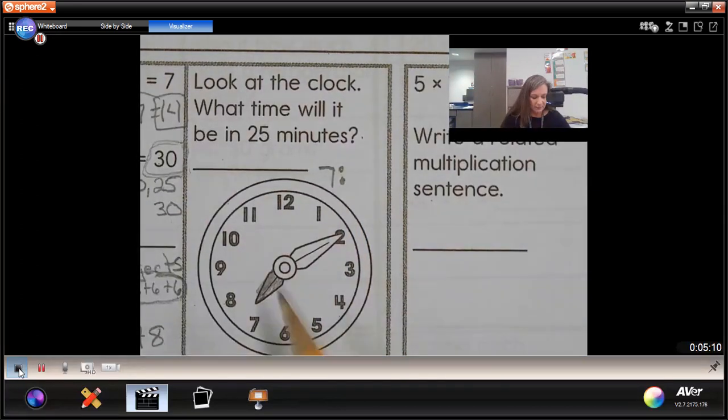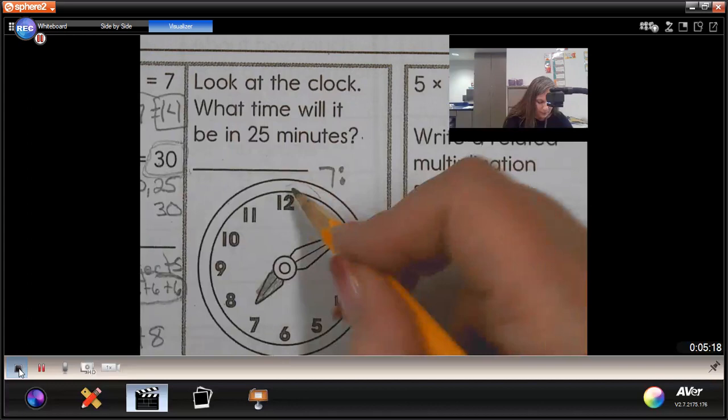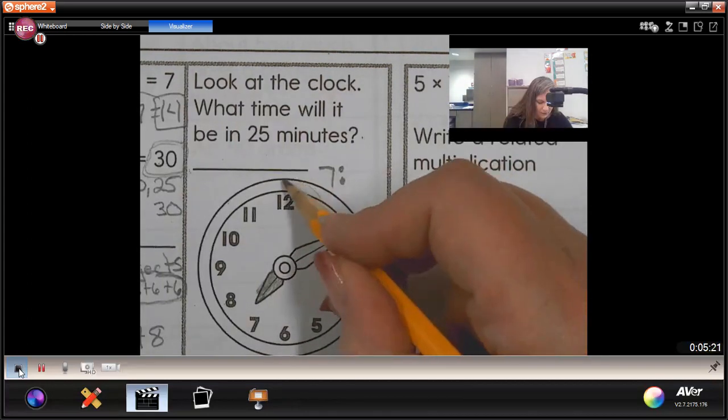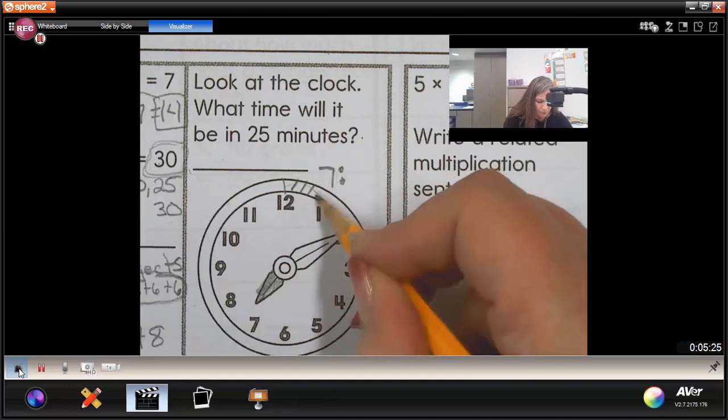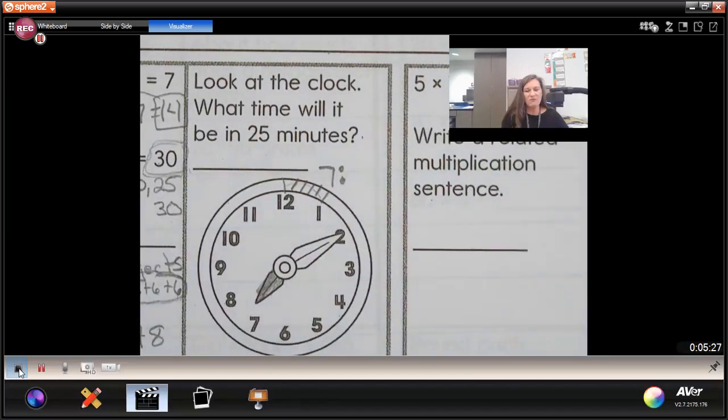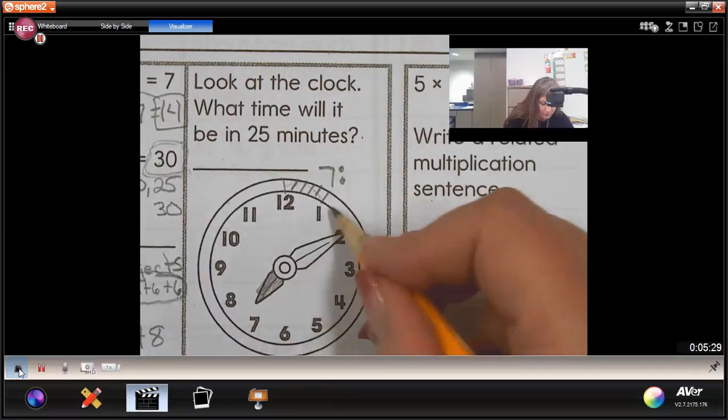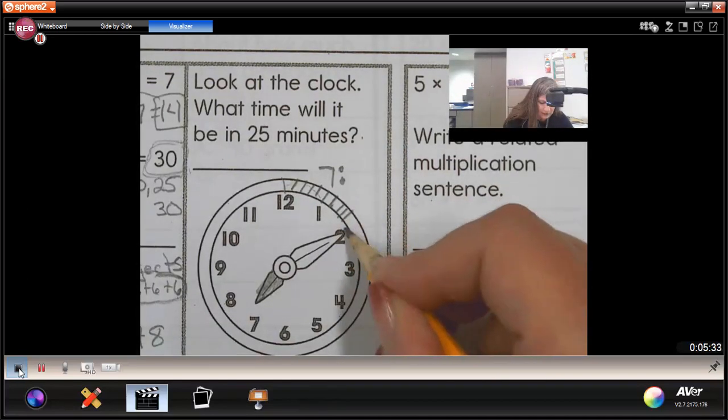And remember, the numbers on the clock only tell us our hours. The minutes we have to figure out by counting by 5s. So remember that between each set of numbers is 5 minutes. 1, 2, 3, 4, 5. So that would be 5 when we get to the 1, 6, 7, 8, 9, 10.